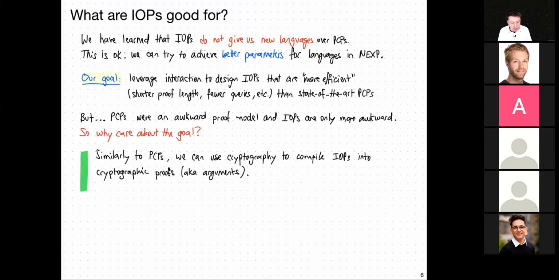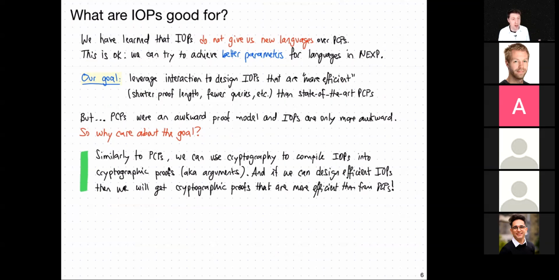However, fortunately, similarly to PCPs, we can actually use cryptography to compile IOPs into cryptographic proofs, also known as arguments, okay? And this is something that Tom is going to talk about in the last lecture on Friday afternoon. How to turn a PCP into a cryptographic proof and implement this query access. And you can do the same for IOPs, okay? You can also implement the query access there.